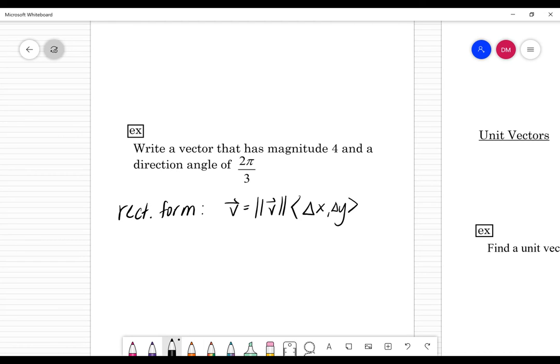But to backtrack a little bit, let's go out of order from that previous slide and just do our polar form first. So I'm going to go up here to do that.